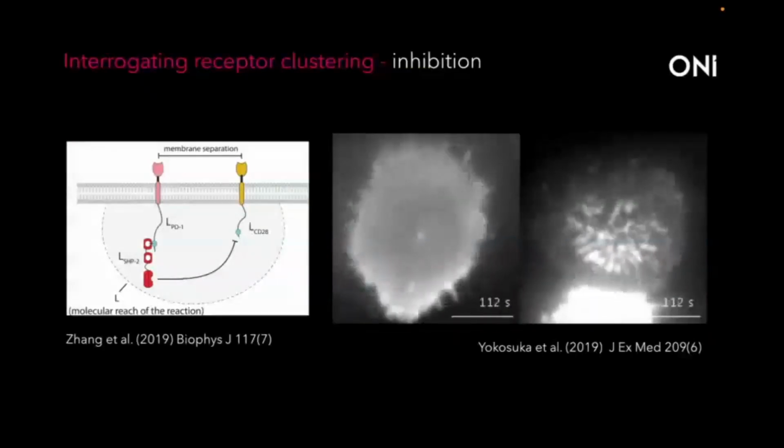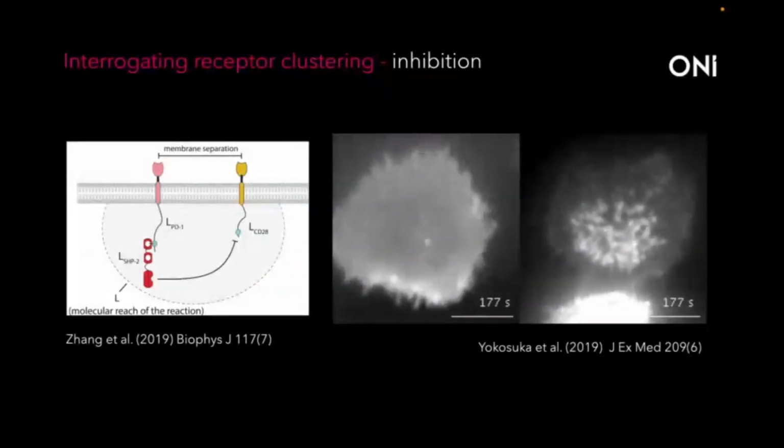The PD-1 clusters and then goes into very organized domains. So you can imagine that at different points in this process and at different areas of the cell, the degree of accessibility of PD-1 to things that it is going to inhibit changes, and therefore the inhibition changes. But you can only really see this at the fine scale using super resolution imaging.